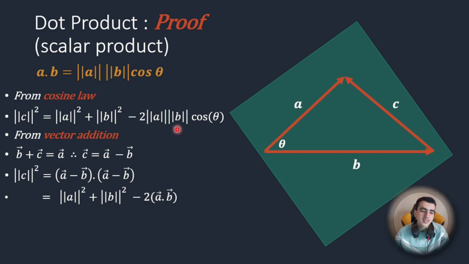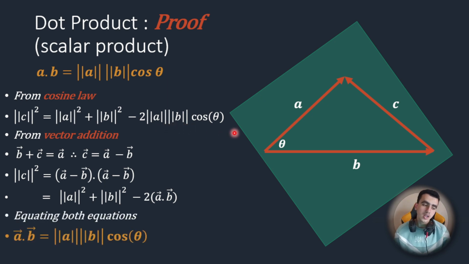And from equating these two equations, we knock off A squared, knock off B squared, and negative 2 by negative 2. So we get that A dot B will be equal to length of A, length of B, cosine theta. So this is how we can prove that A dot B is this formula.